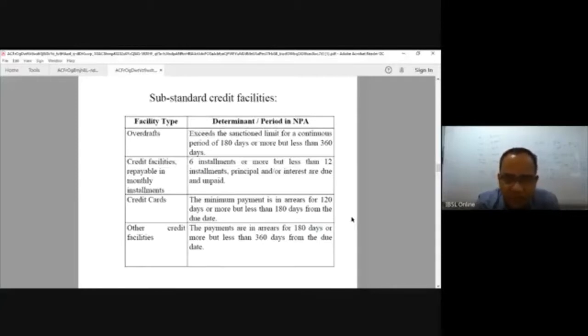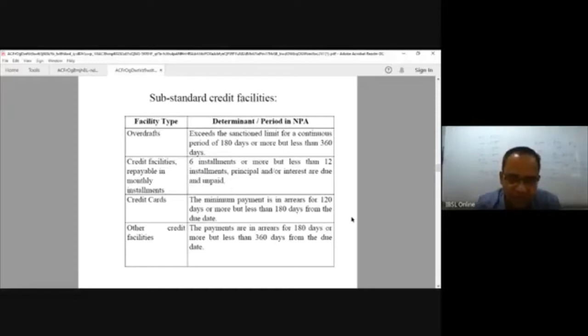If it is monthly installments, 6 installments to 12 installments, that is, the overdue is more than 6 installments but less than 12 installments. And credit cards are basically 4 months to 6 months, basically half of what applies to other credit facilities.